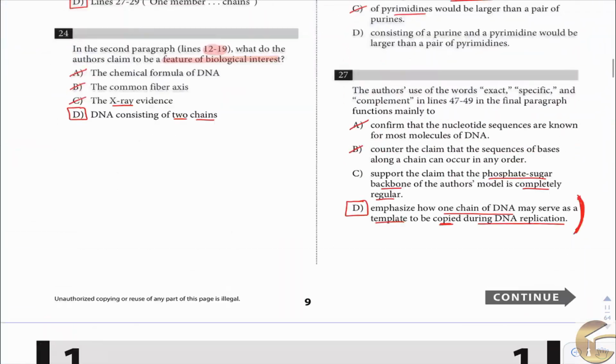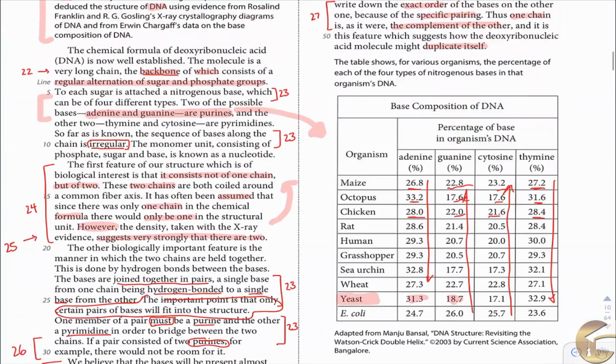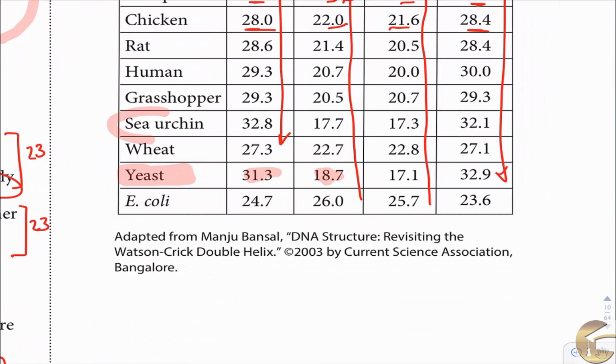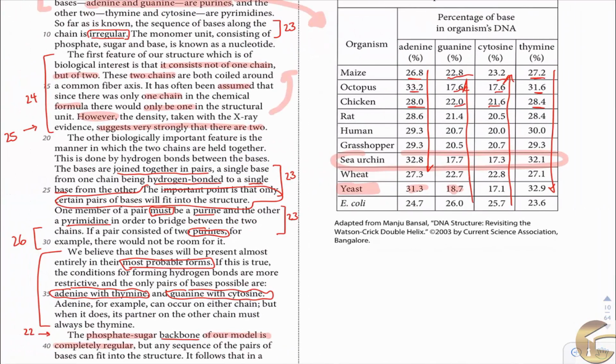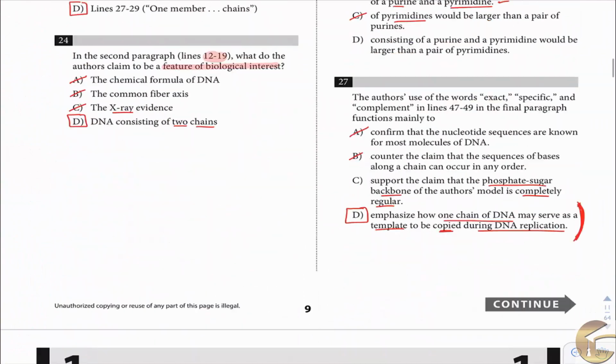And we want to make sure the two that are closest together are the ones that are actually in the chart. So for number 30, when we're looking at the sea urchin DNA, I'm looking right in here, and I'm thinking either the 32.8 and the 32.1 would help support that answer, or the 17.7 and the 17.3. They can't have both, so it's going to be one of those two.